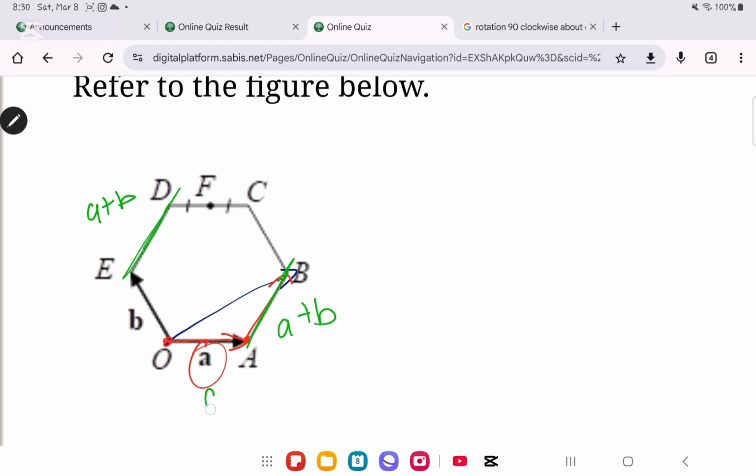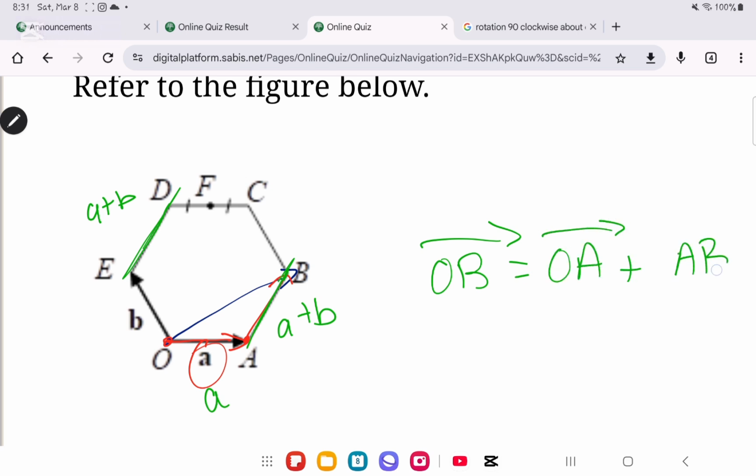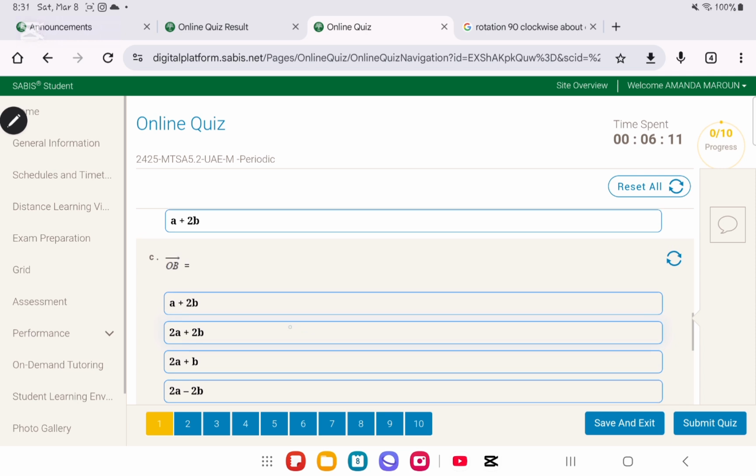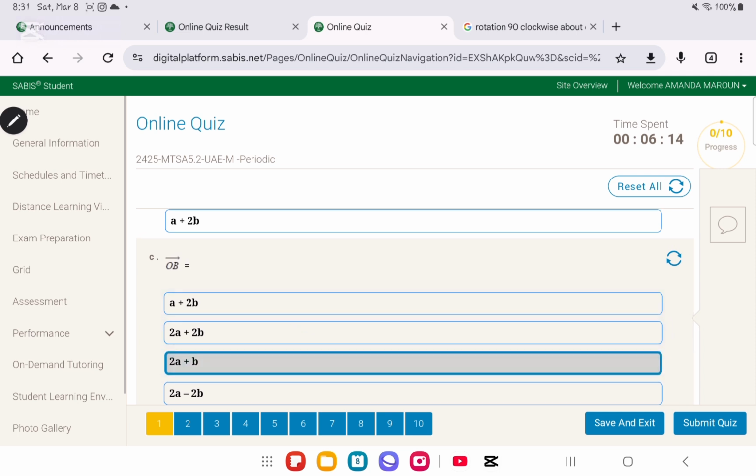You have OA, which is A, and then you have AB, which is A plus B. So that means OB, what you're looking for, it's equal to OA plus AB. OA is A, and AB is A plus B. So very simply, it's gonna be 2A plus B. So you can say that the value of OB is 2A plus B.